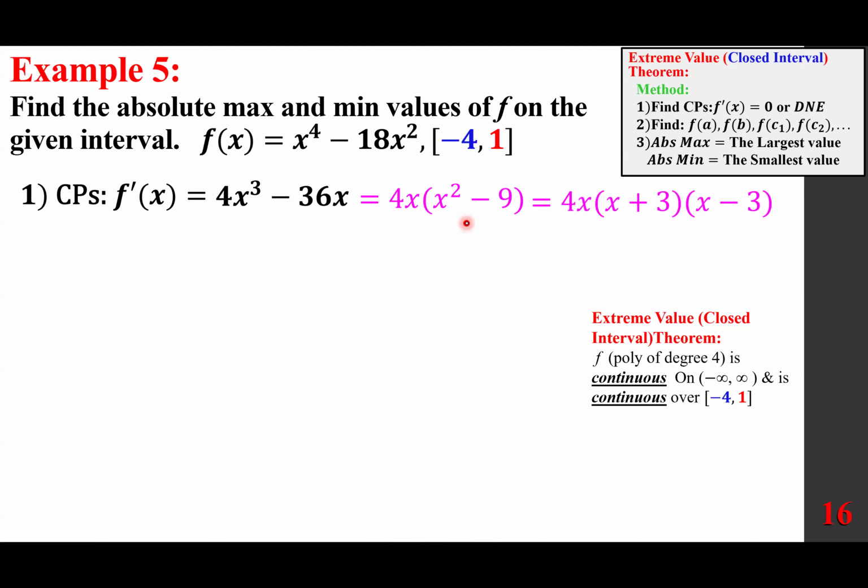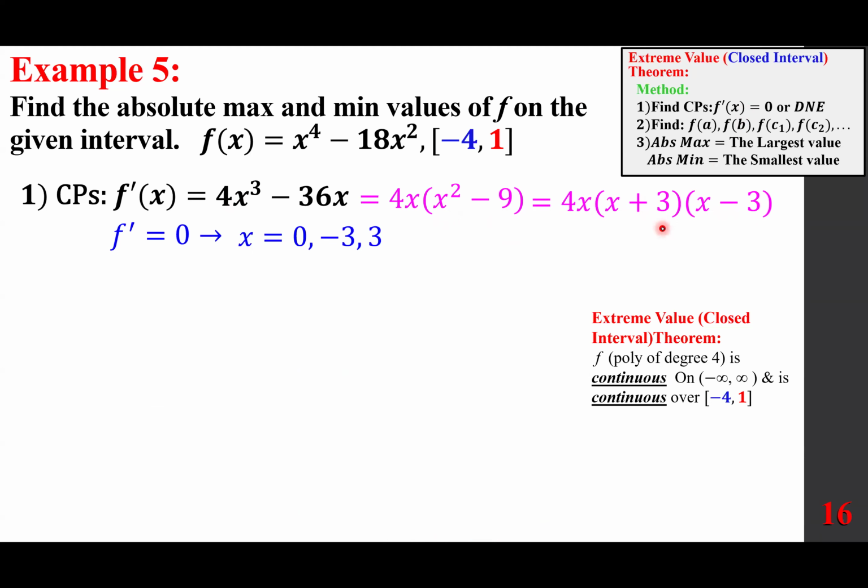So 4x times x plus 3 times x minus 3. We have factored it, so we set it ready for f prime equals 0. So f prime equals 0 will give us x equals 0, x equals -3, x equals +3.